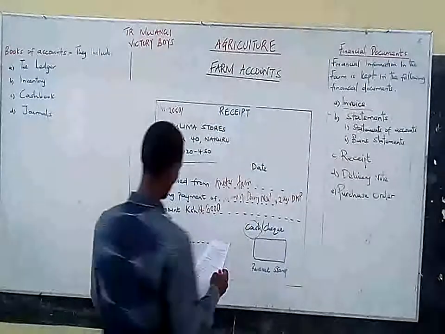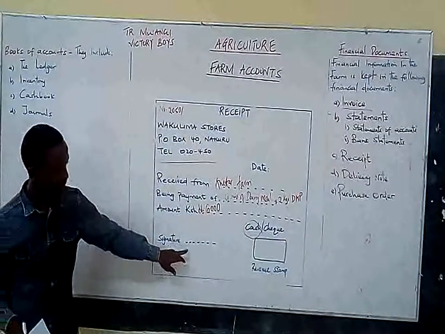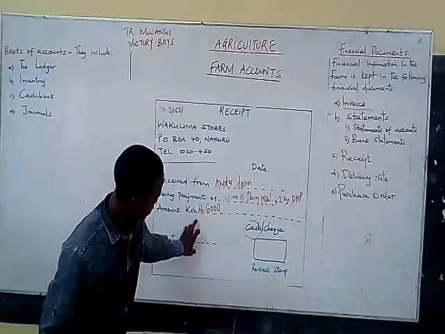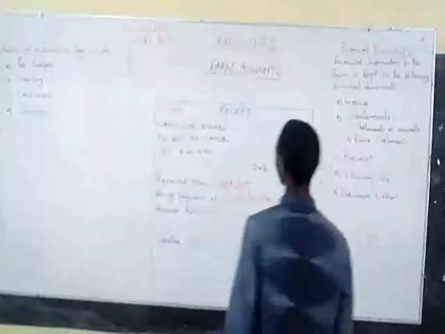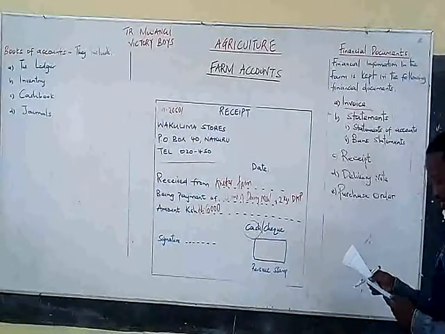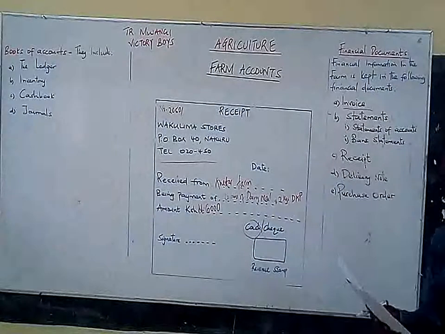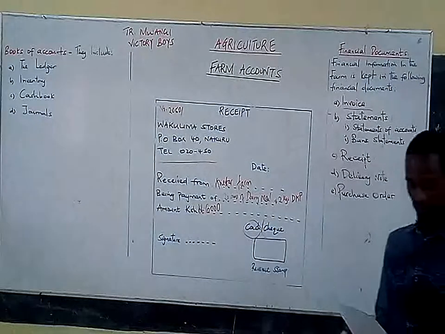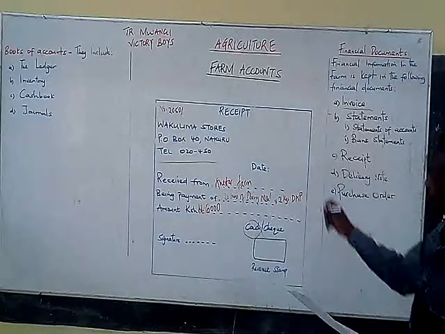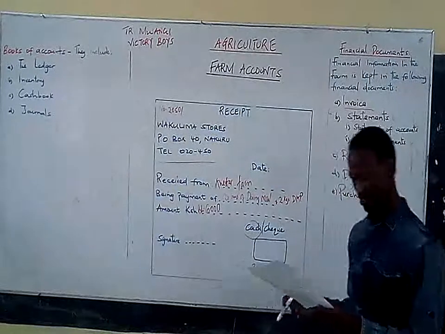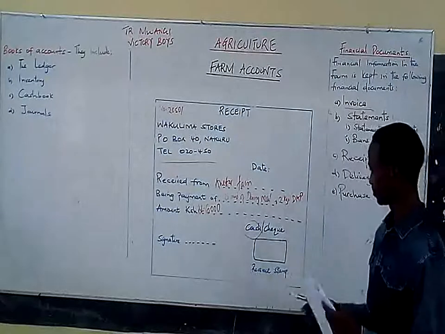Then we also have the signature from Wakulima Stores confirming that they have received that amount of money. So that's all about a receipt. Like we have said, it contains the date of payment, the amount which has been paid, the goods and services for which the payment is made, the farm's letterhead, the receipt number, and the form in which the payment is made.